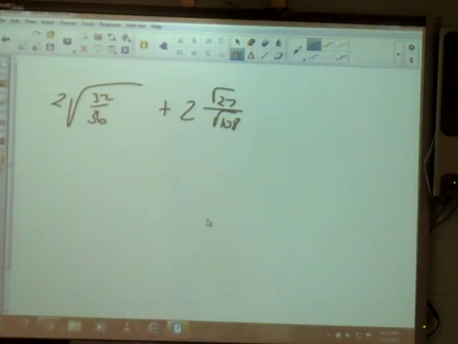Alright, so remember what we're looking at. The right side, they wrote it that way. So here on the left, this is the same as 2 times the square root of 32 over the square root of 36.